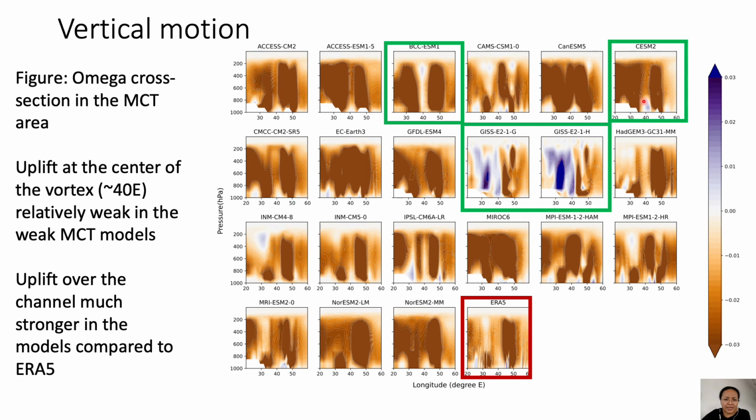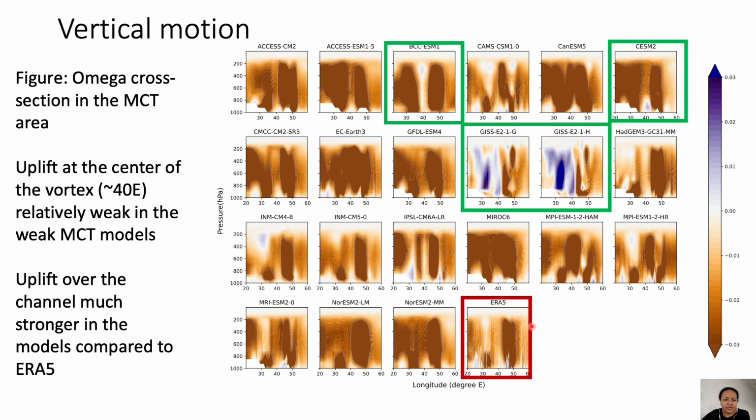So there is a sinking motion in the weak MCT models, like the BCC, CESM, and the GISS.